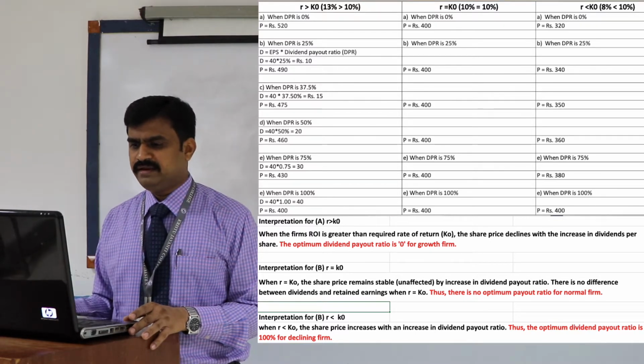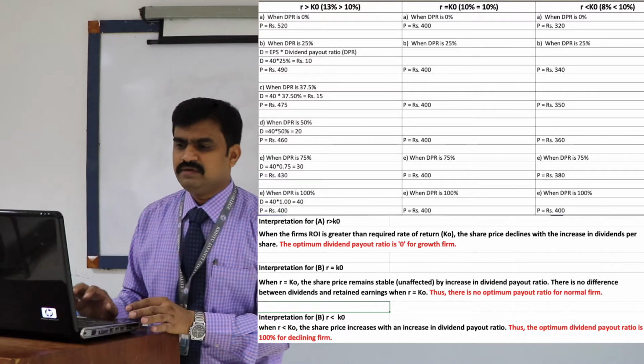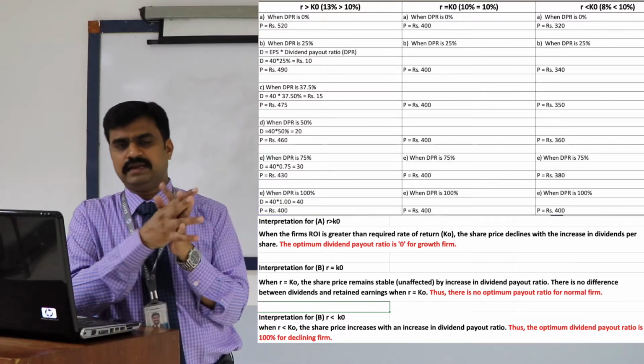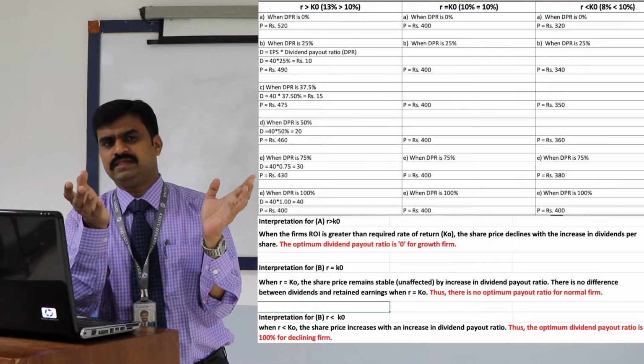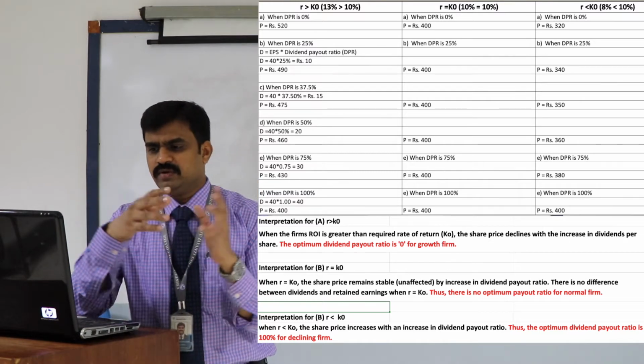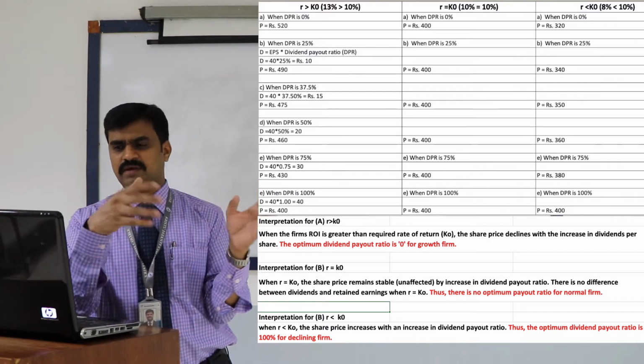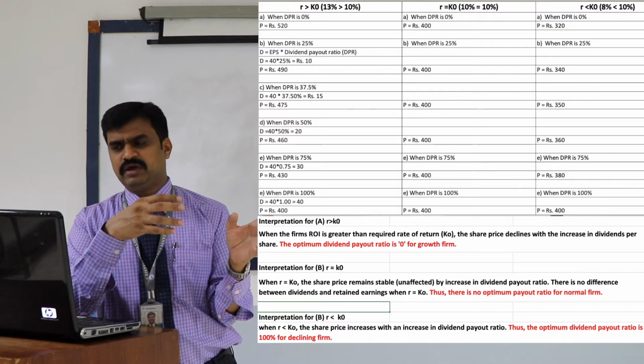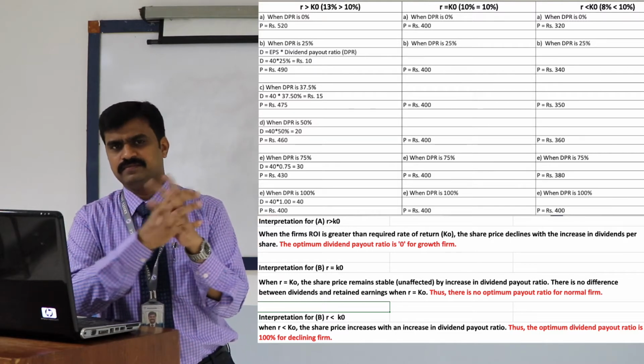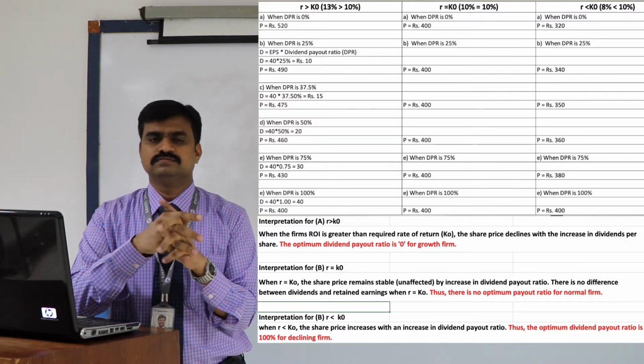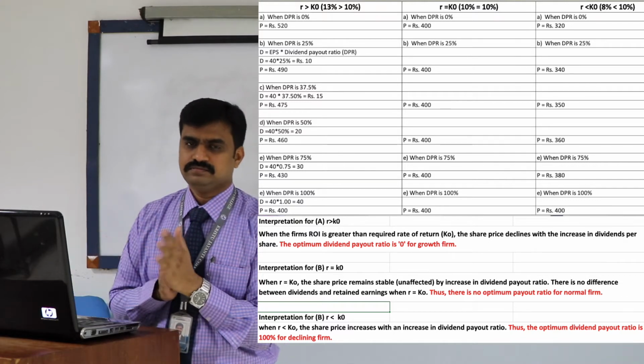And then the homework I gave, when DPR is 75%, that means if you are earning 100 rupees as profit, you are giving 75 rupees as dividend, and 25 rupees, what will happen to the 25 rupees?